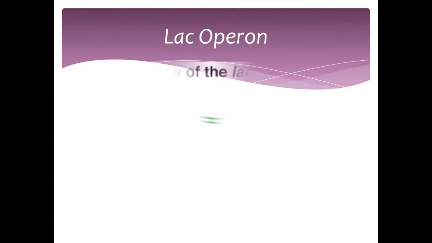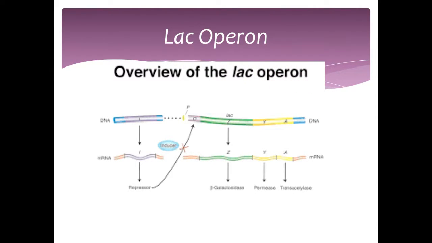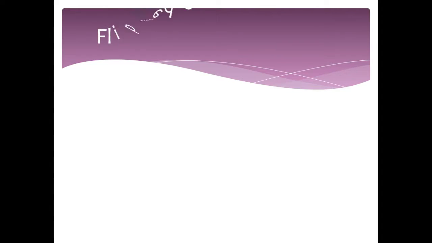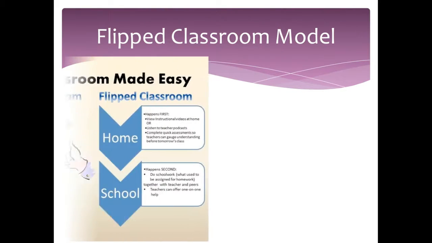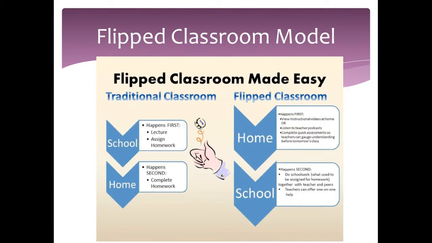Students will be able to describe the lac operon as a simple prokaryotic model that illustrates the switching off and on of genes by proteins expressed by regulatory genes. So with the flipped classroom model, the teacher and student sort of reverse their roles.